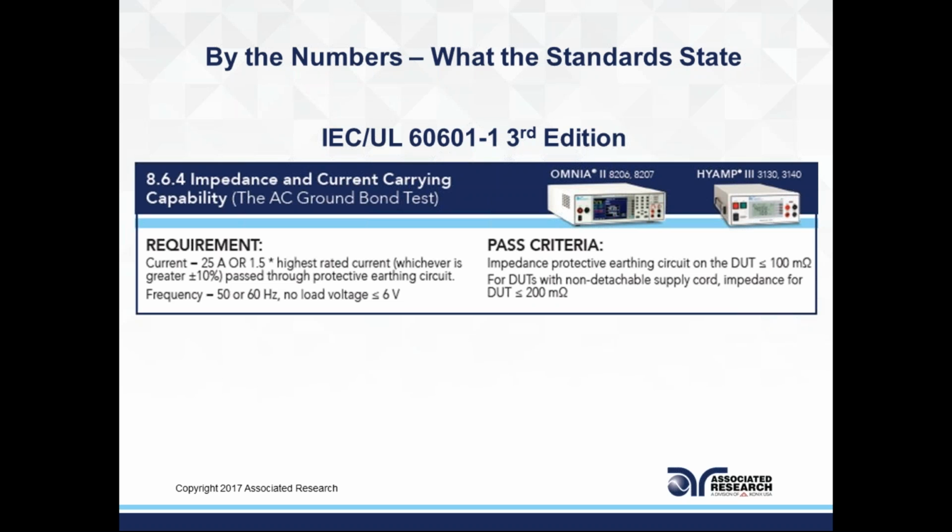For a DUT that has a non-detachable supply cord, the impedance could be less than 0.2 ohms or 200 milliohms. You can see there are differences within particular standards that allow different resistance numbers depending on whether you have a detachable cord or an attached cord.